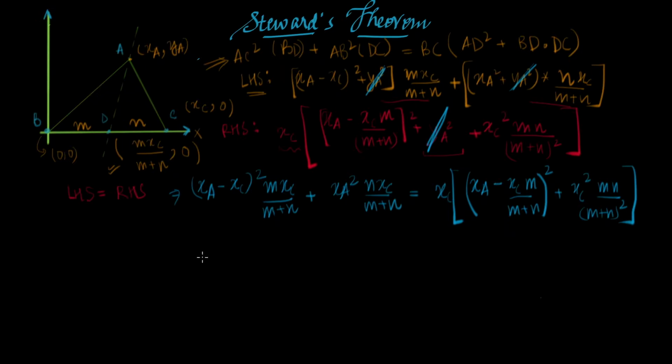Okay, now let us look at the xa squared term. So we get an xa square from here, and we also get an xa square from here.